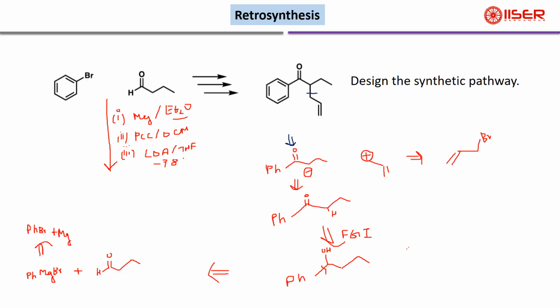This LDA reaction is usually performed at low temperature. So it will take a proton, and if you add the vinyl bromide, it will attack this, and we will get our desired compound. The product after each step, just try to draw by yourself, you will get a clear idea.